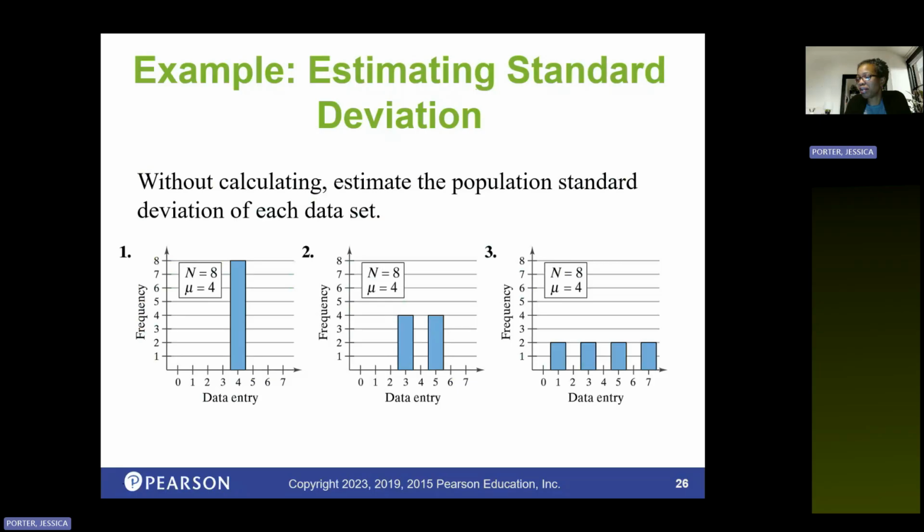What about the standard deviation of number 3? What do you think that standard deviation is? For 3, would it be 2? You're going from 1 to 7, and the middle is about at 4.